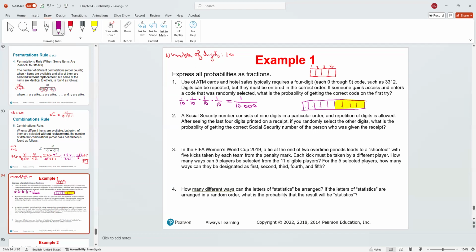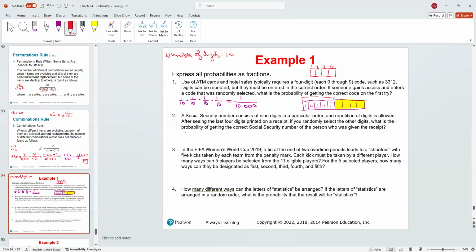What is the probability of getting the correct social security number of the person who has given the receipt? You know the last four now. How many do you want to guess? Yes, five of them: one, two, three, four, and five.